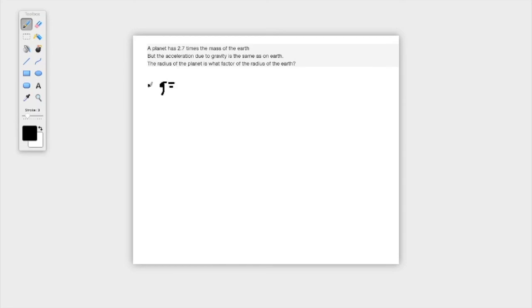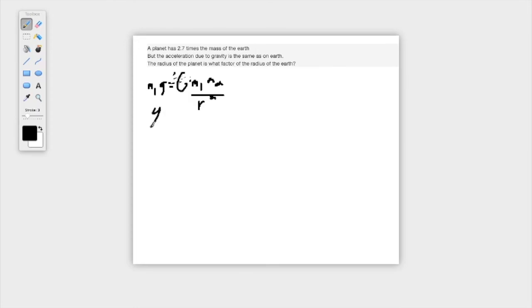we're going to have the weight equal to the gravitational force. So mg equals G m1 m2 over r squared.